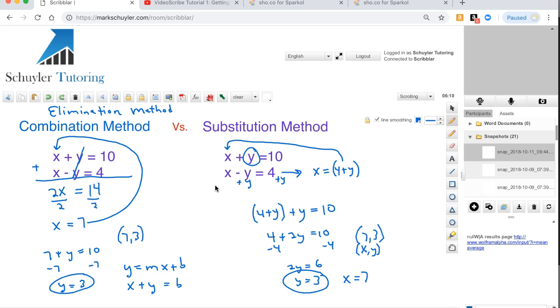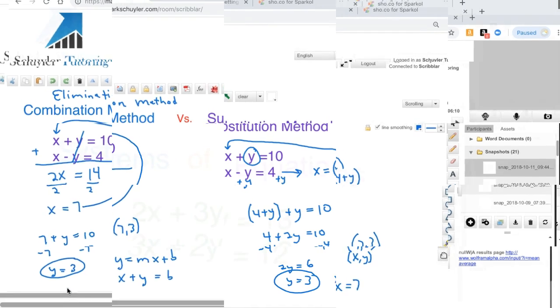It's probably not a good time to use the substitution method, since we want one of the variables to be just a single x or a single y, so we can rewrite the equation easily and substitute it into the other equation. So let's go back and look at the really hard slide that I had before.